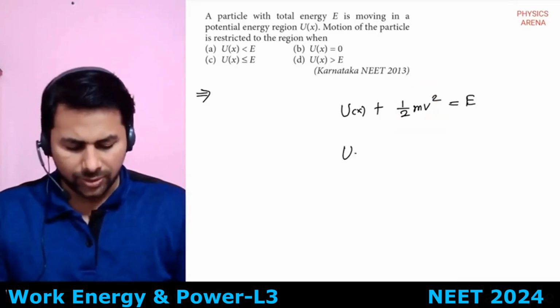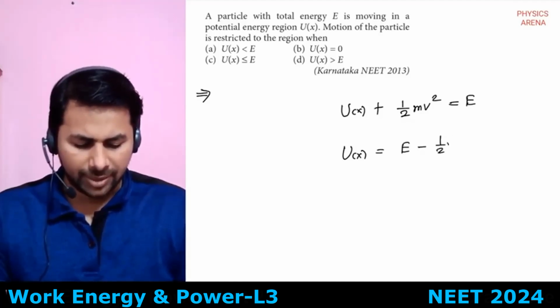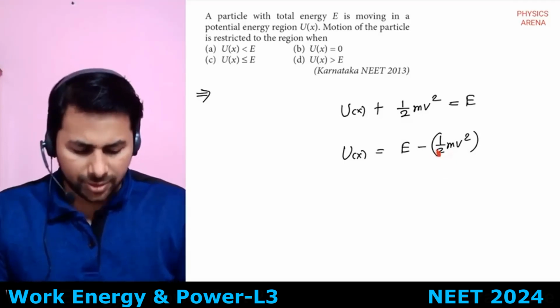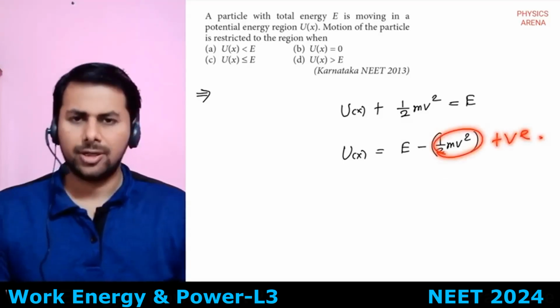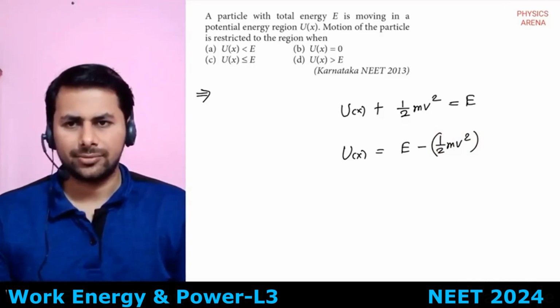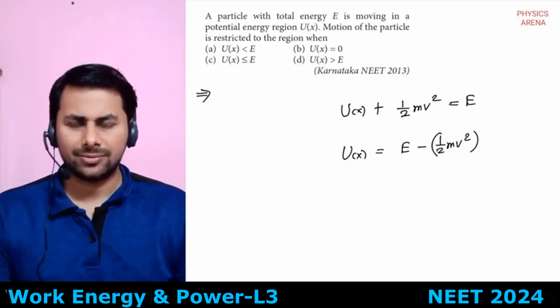And therefore you have U(x) equals E minus kinetic energy, half mv square, which is positive. So you are subtracting something from E. That means U will be less than E, right?